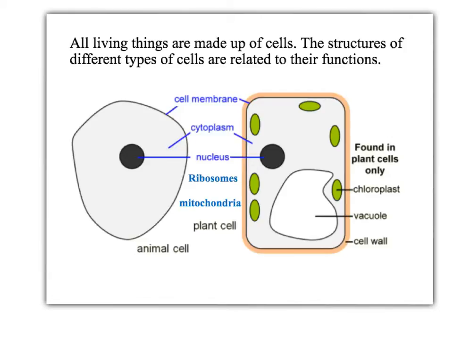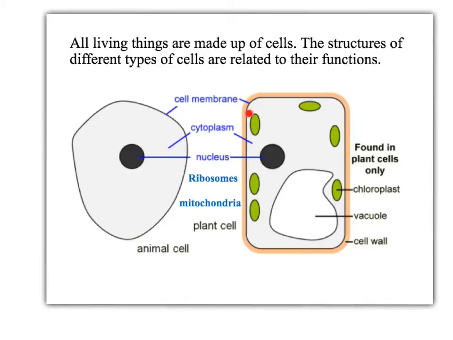Now, because the cells need to carry out slightly different functions, they have different organelles. Now if we look a little bit closely at the plant and animal cell, we can see this is the animal cell and this one is the plant cell. Now we can see that they share some features.